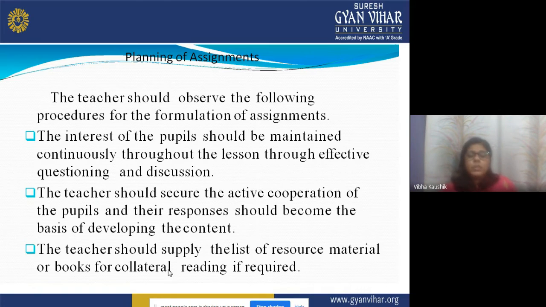The teacher should supply the list of resource materials or books for collateral reading if required. Means different resources which the students can refer to if they think that type of reading is required by them for the completion of the assignments.